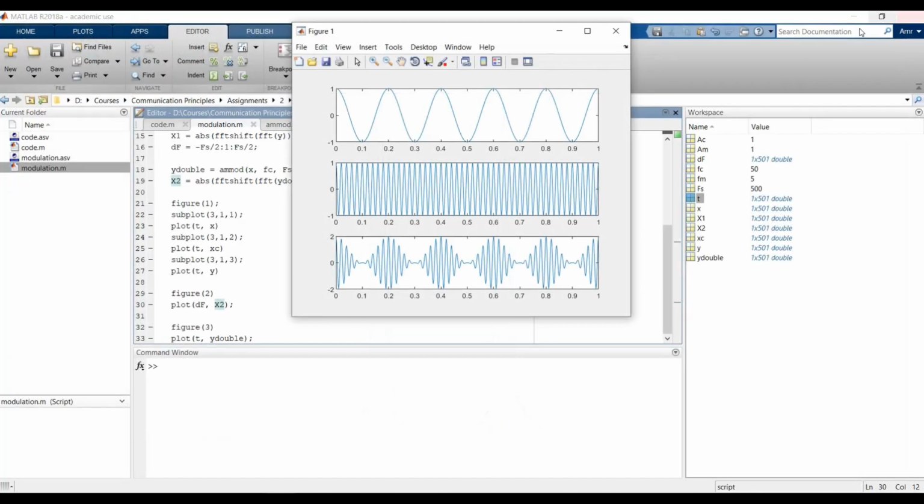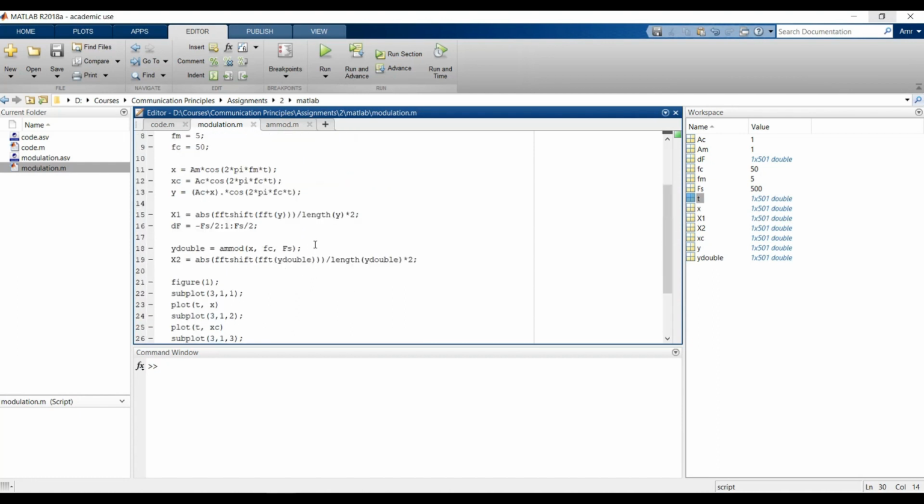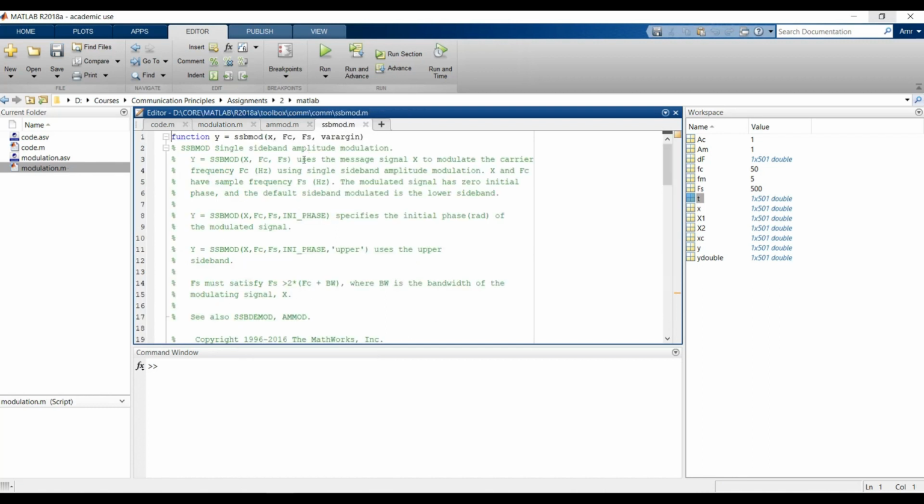What we can do further is perform single sideband modulation. In order to do that, there's also a function in MATLAB, and this one is called, let's call it Y single. This one is called ssbmod. If you look at it, it takes the signal, the carrier frequency, and the sampling frequency, and it can also take another argument, which is upper or lower.